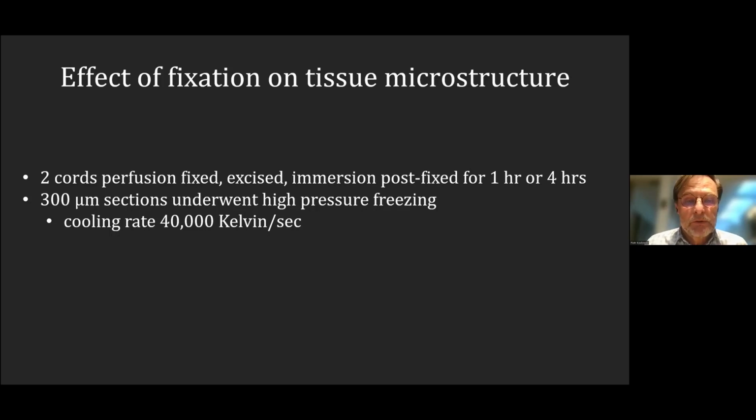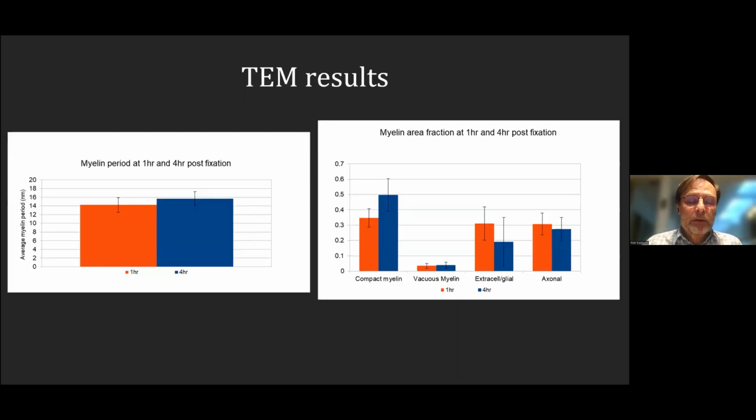The cooling rate was 40,000 kelvins per second. Then we prepared it for electron microscopy. You can see here that the myelin period was different between 1 hour and 4 hour post-fixation.